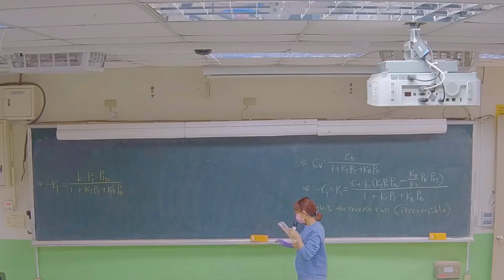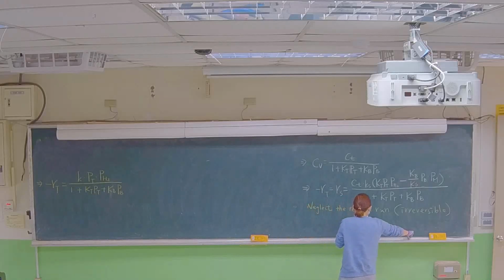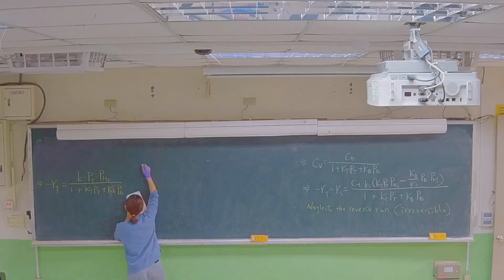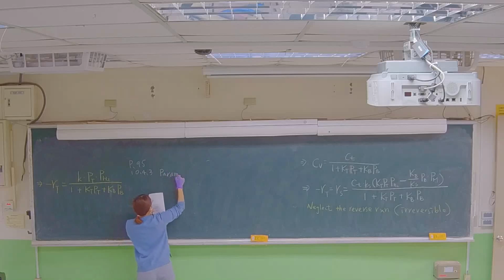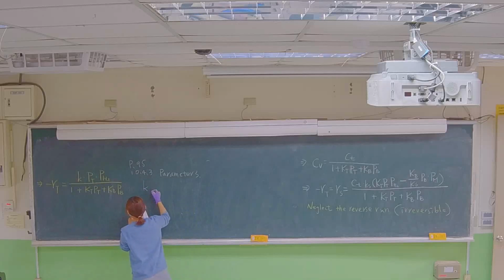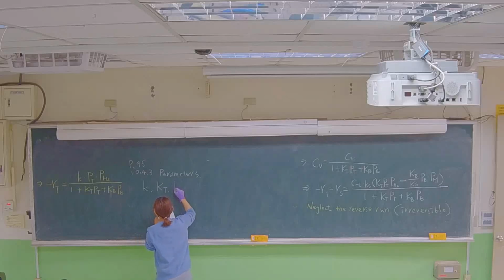Before designing a reactor, let's find the parameters. The parameters are the rate constant K and the equilibrium constants KT and KB.